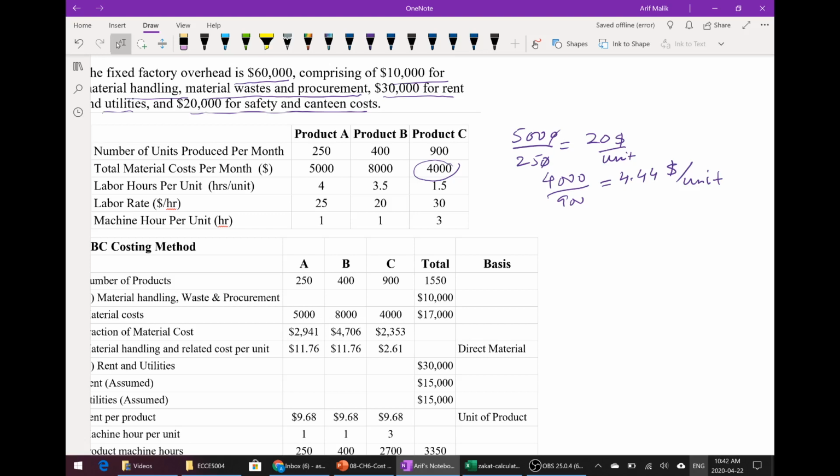Now the direct labor cost. Direct labor cost is also easy.